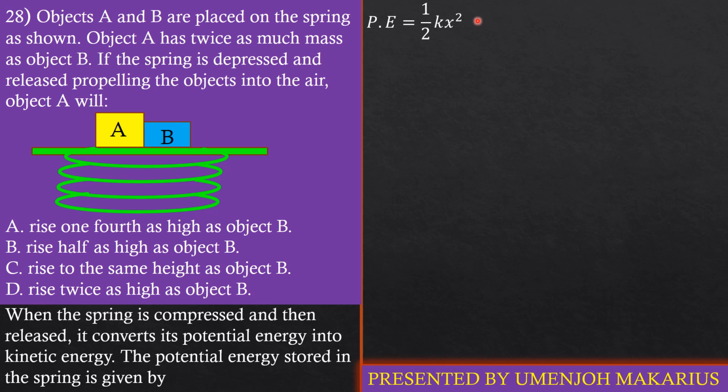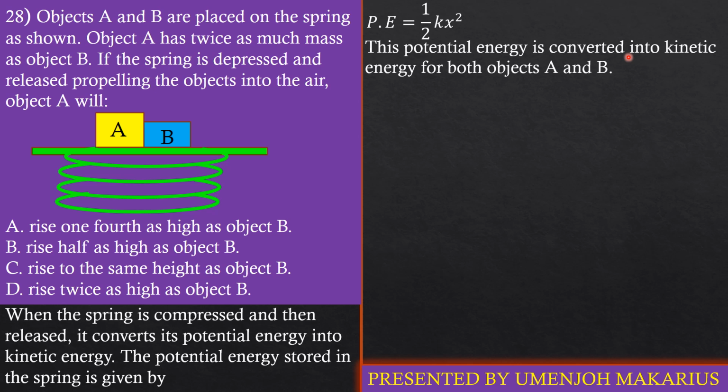So the potential energy of the spring is converted into kinetic energy for both block A and block B. It therefore means that 1/2 kx squared has to be equal to 1/2 mB vB squared, that is the kinetic energy for B, which is equal to 1/2 mA vA squared. Keep in mind that the mass of A is twice that of B, so in place of mA we have 2 mB vA squared.